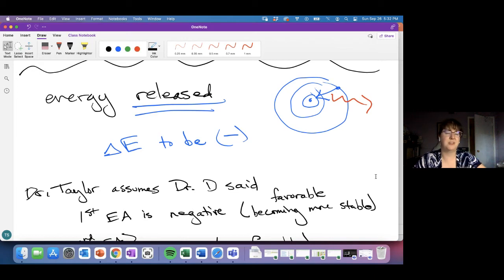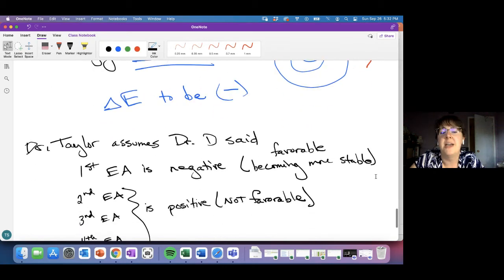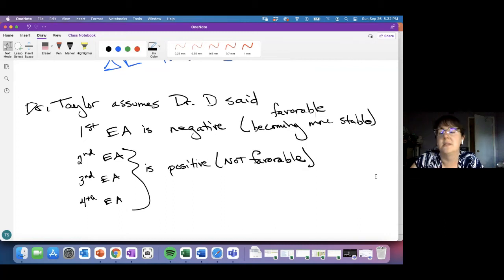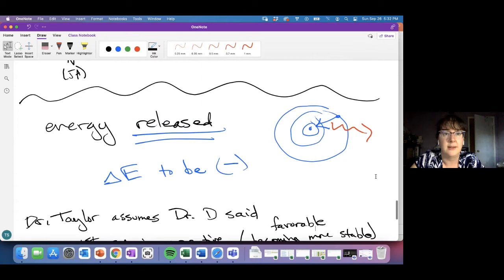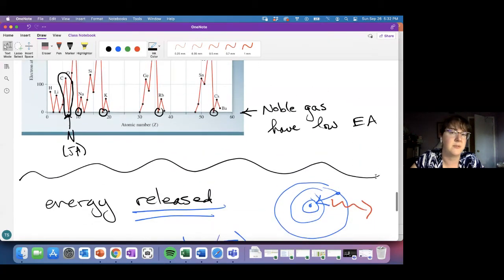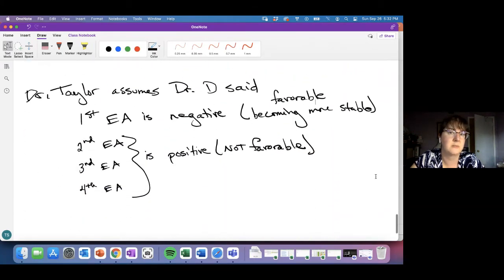I also wanted to swap over to chapter 6 at a particular time in class, and I missed that mark because I was answering other questions. So I didn't have time for the Pandora's box that is what value this should really have. So my assumption is Dr. Diekman did that to be consistent with the other things that we've taught you, which is actually accurate, by the way. Your textbook takes an absolute value.